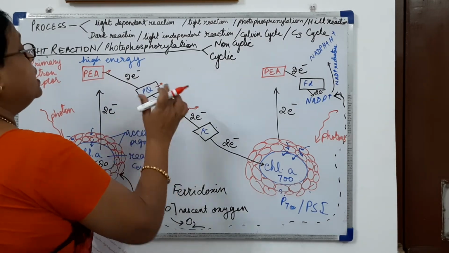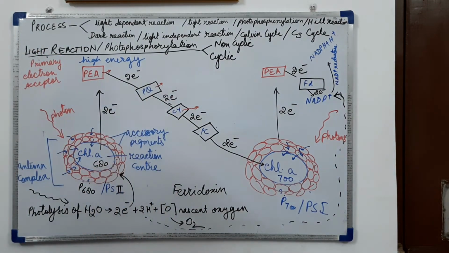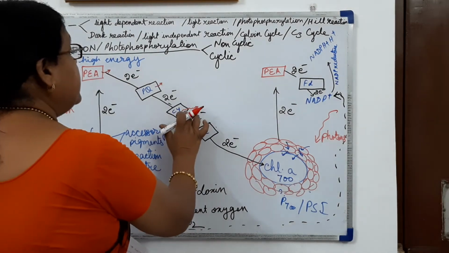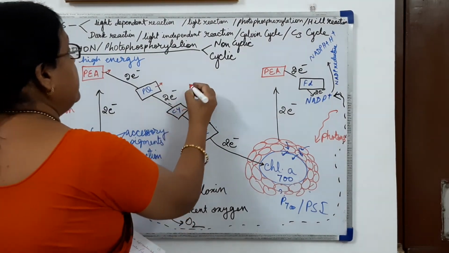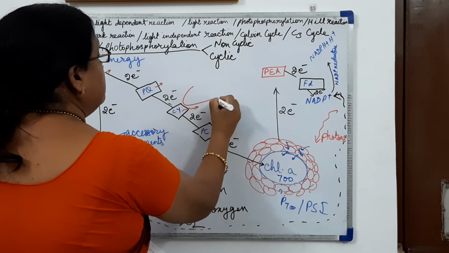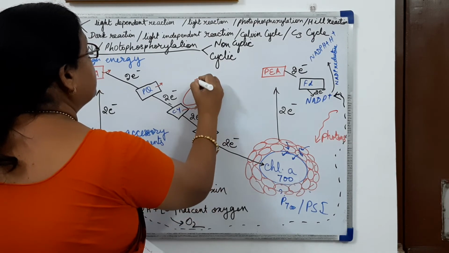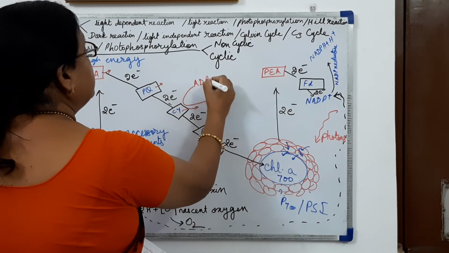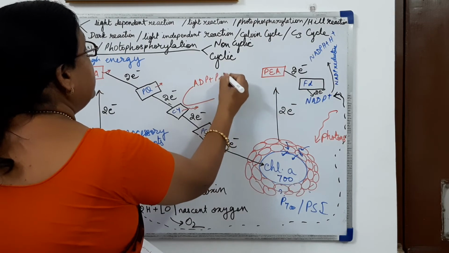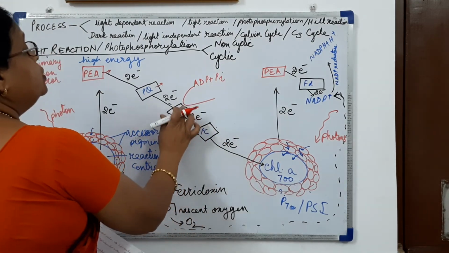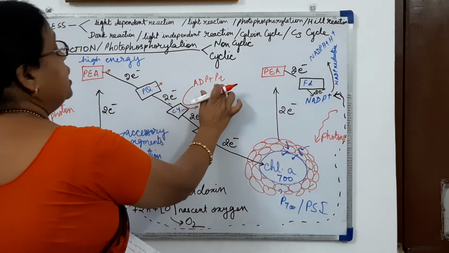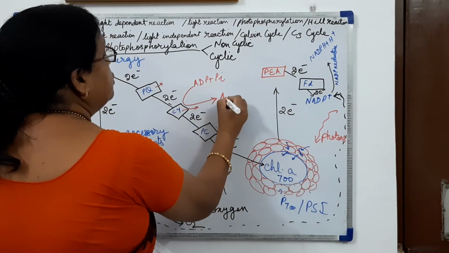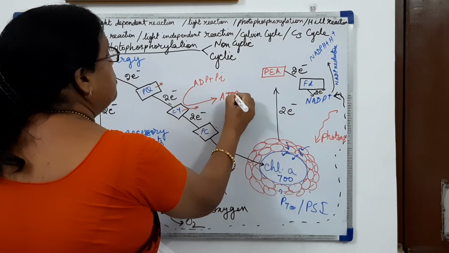So here also the energy is being released, and this energy is utilized for the formation of ATP. Means this energy is utilized to combine ADP with inorganic phosphate to form the ATP molecule.